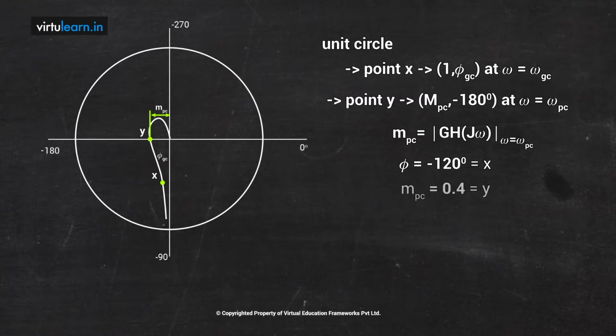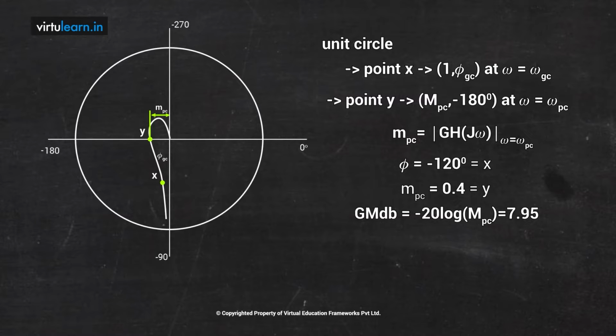Once you know MPC and phi gc, I can easily write down the phase margin and gain margin. Gain margin is minus 20 log MPC, so minus 20 log 0.4, which gives a gain margin of around plus 8 dB.